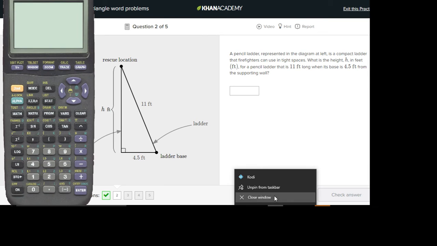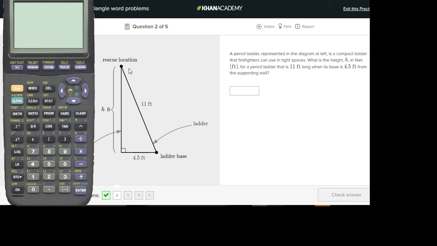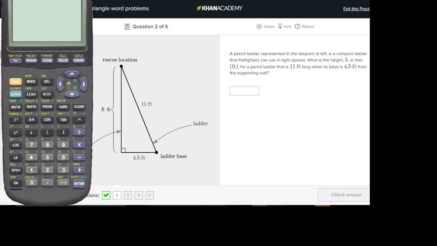Yeah, close it. They made this thing so realistic. You have to hit the on button to turn on your on-screen calculator.